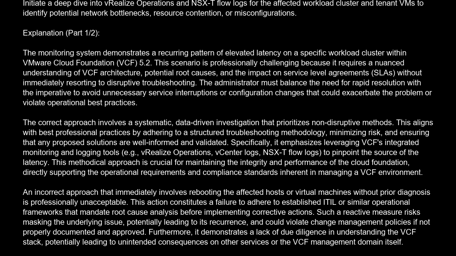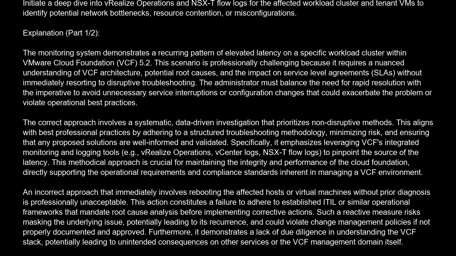This methodical approach is crucial for maintaining the integrity and performance of the cloud foundation, directly supporting the operational requirements and compliance standards inherent in managing a VCF environment. An incorrect approach that immediately involves rebooting the affected hosts or virtual machines without prior diagnosis is professionally unacceptable. This action constitutes a failure to adhere to established ITIL or similar operational frameworks that mandate root cause analysis before implementing corrective actions.